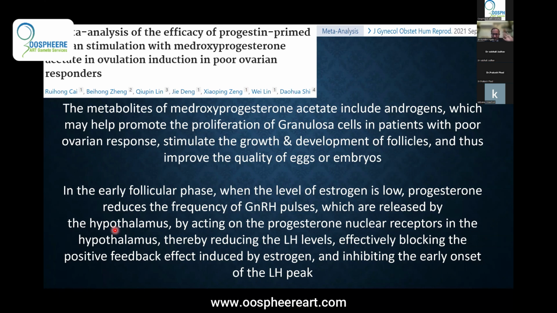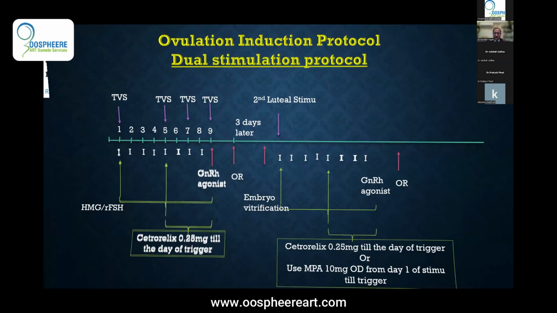When you give progesterone in the early follicular phase, the GnRH pulsatility stops. So it reduces the LH levels effectively, blocking the positive feedback effect induced by estrogen and inhibiting the early onset of the LH peak. So you don't see those patients having a very early premature LH surge on day 4, day 5, and day 6. So PPOS has a little advantage.